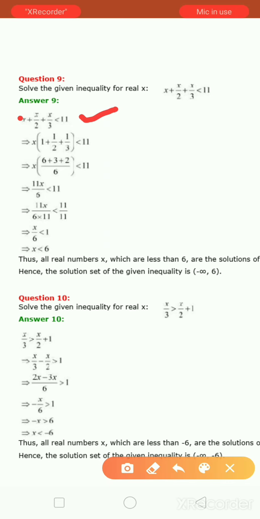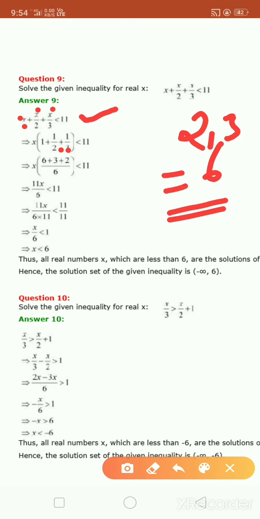What is the common term? x, x and x. x is outside, what is remaining? 1 is remaining, plus 1 by 2 plus 1 by 3 is less than 11. Simplify here. They take the LCM. LCM of 2 and 3 will be 6.